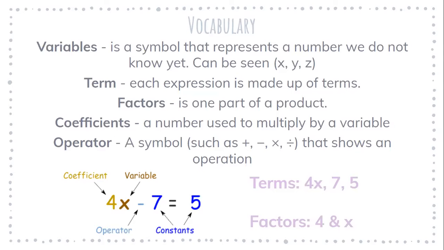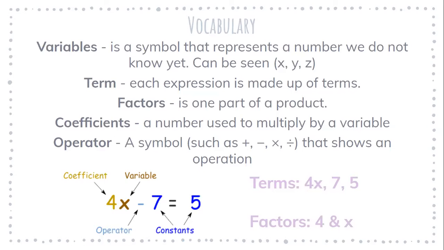Variables are symbols that represent a number we do not know yet. It could be seen as X, Y, or Z. Those are going to be the most common. Obviously, X and Y are super common, but you can use any symbol, usually a letter, to represent this. So you could use A, B, C, anything to Z works out for this.